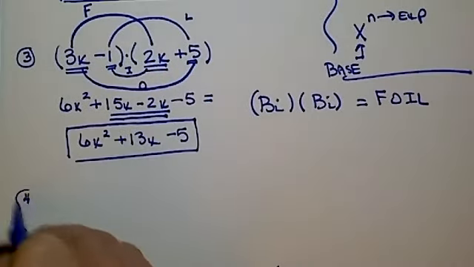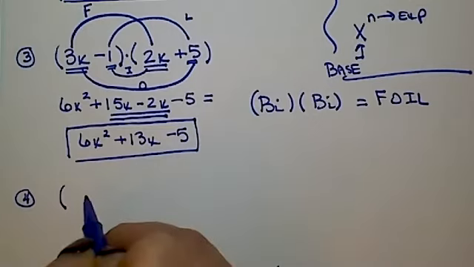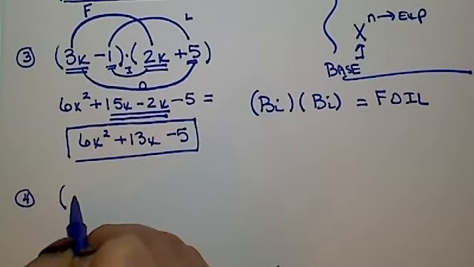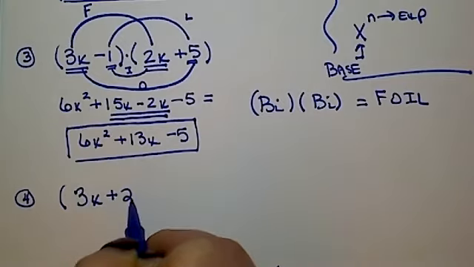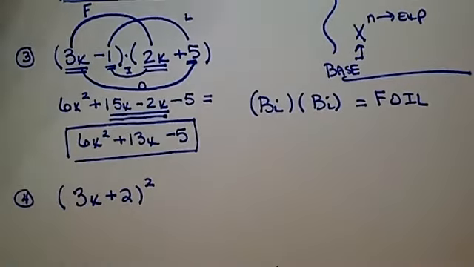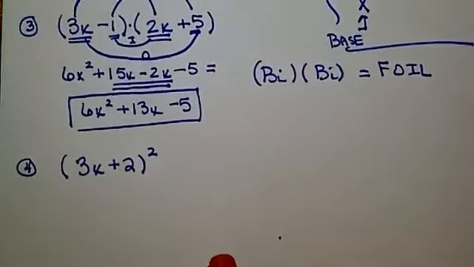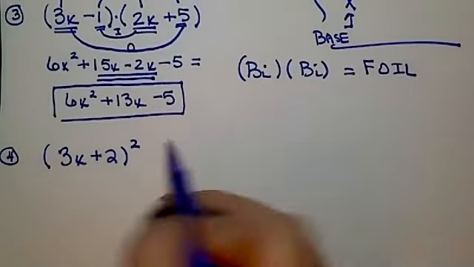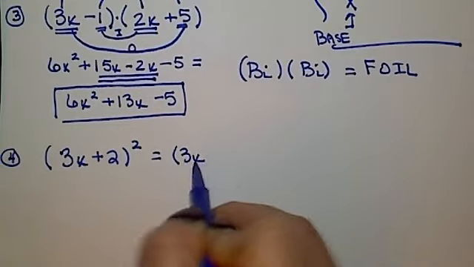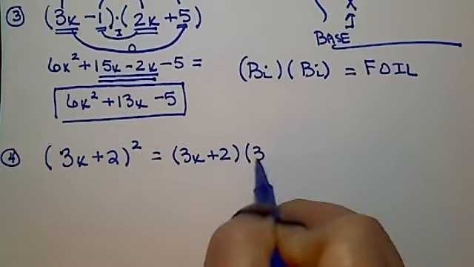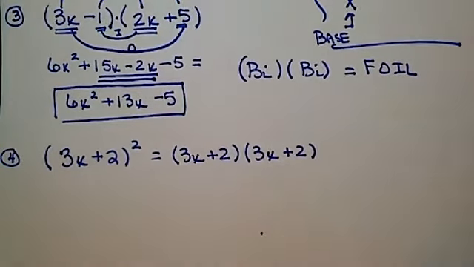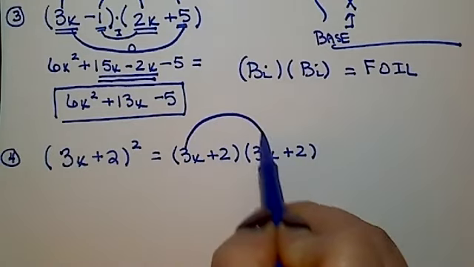Now, sometimes you will see the problem written as a quantity squared. So you might have 3x plus 2 to the second power. So what that means is you multiply that to itself. So now we're going to FOIL.